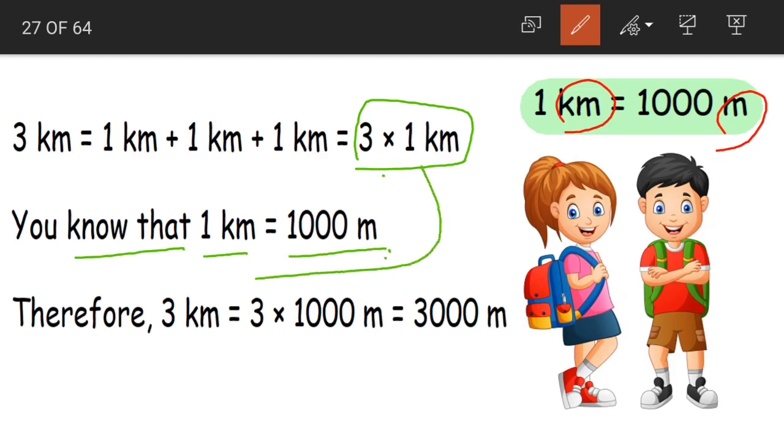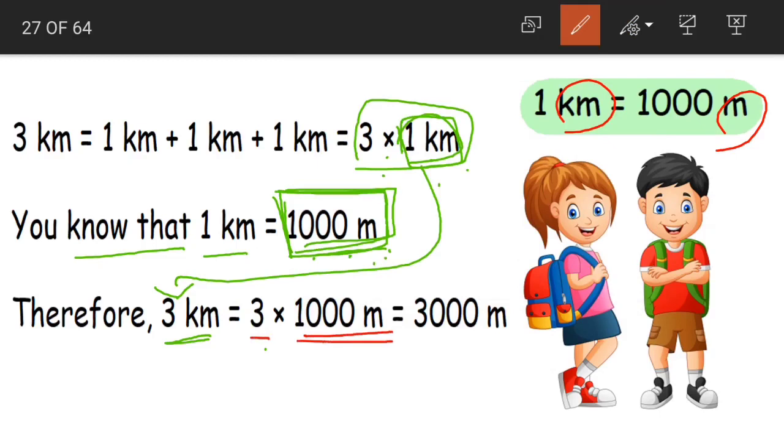Therefore, instead of 1 kilometer, we can write the value in meters, that is 1000 meters. So 3 kilometers is nothing but 3 into 1000 meters. When we multiply 3 into 1000, we get 3000.